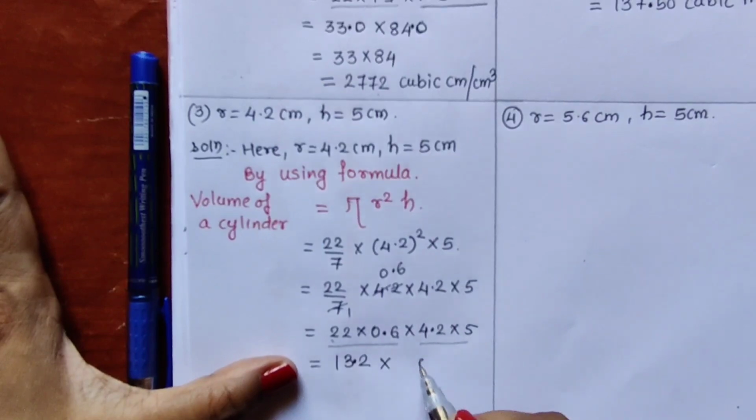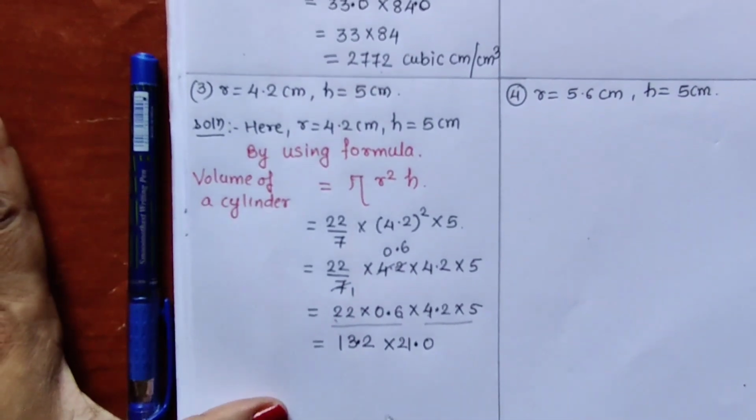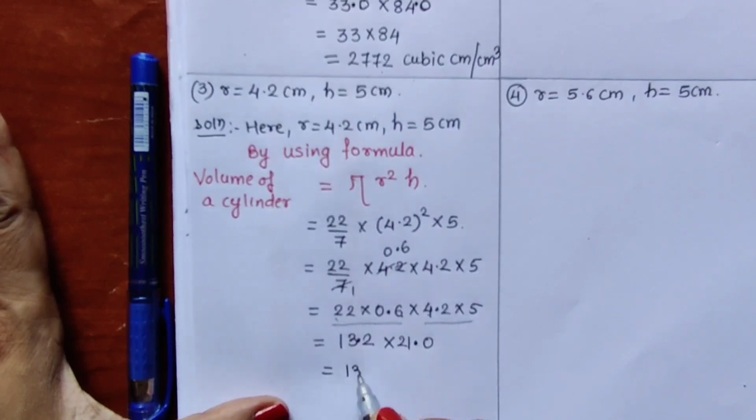5 2s are 10, 0 written, 1 carrying, 5 4s are 20, 20 plus 1 is 21, 21.0 we are getting. So after the point 0 doesn't have any value, so we will write 13.2 multiply by 21.